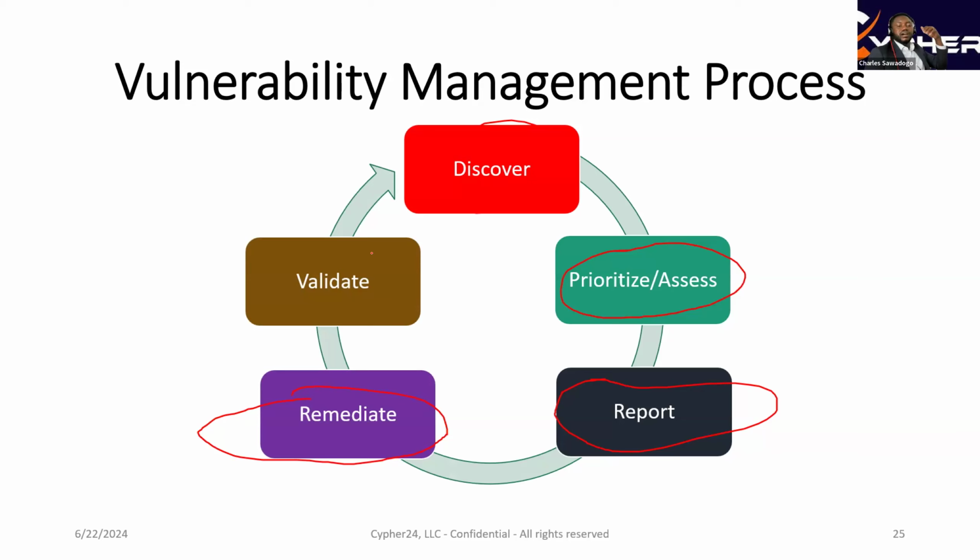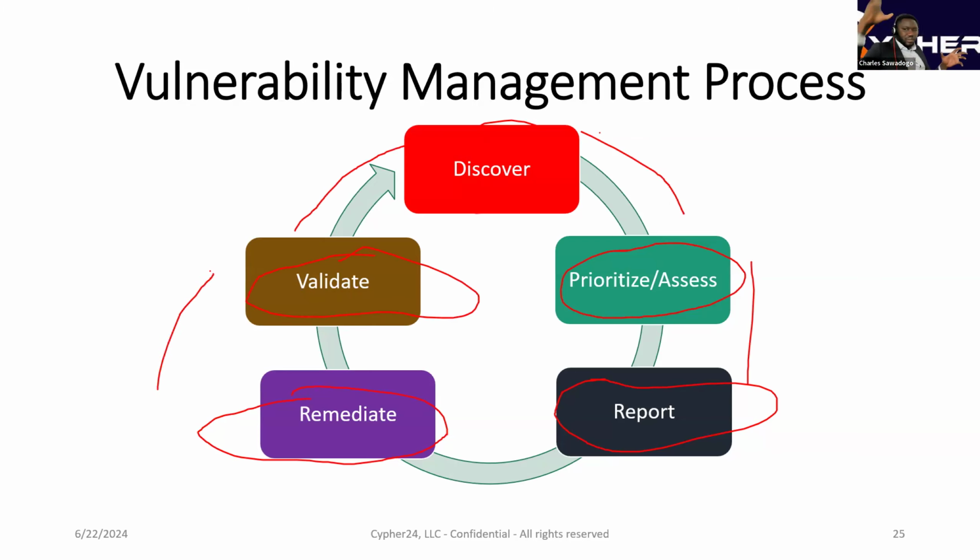And number 5, to finish, you're going to validate to see if the remediation has been successful. And then it goes again to discover. So it's like a life cycle. It is like discovery, prioritizing and assessing, reporting, remediation, and validation.